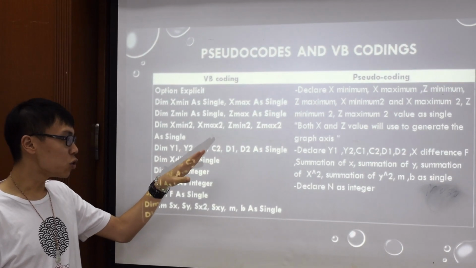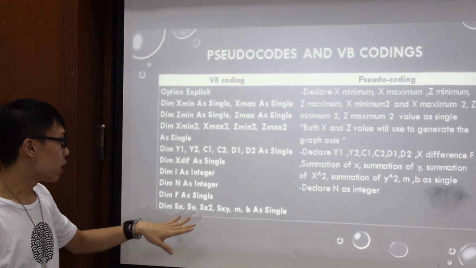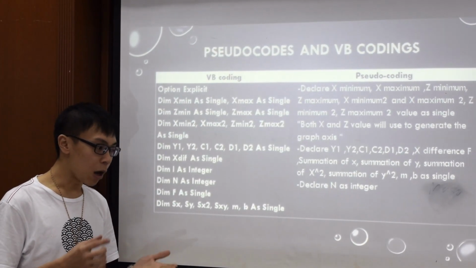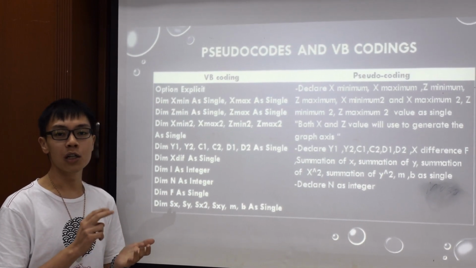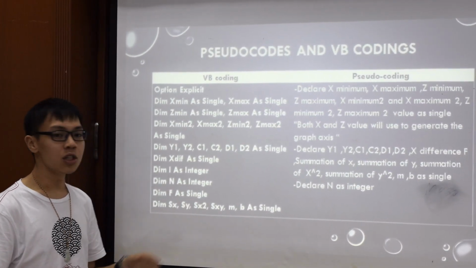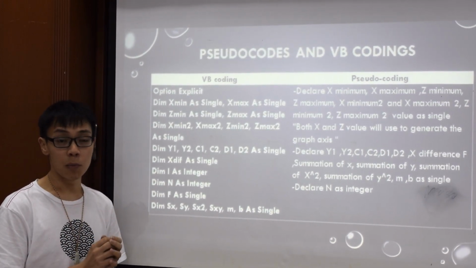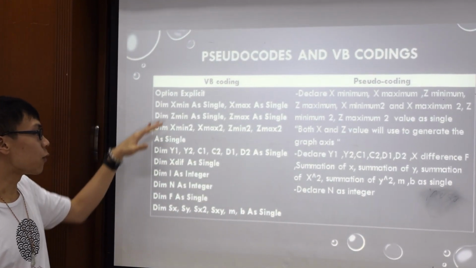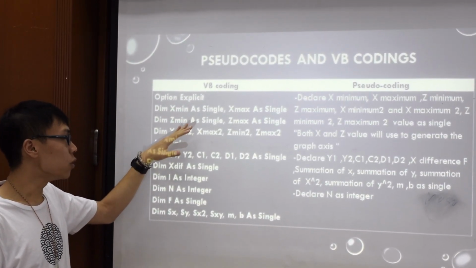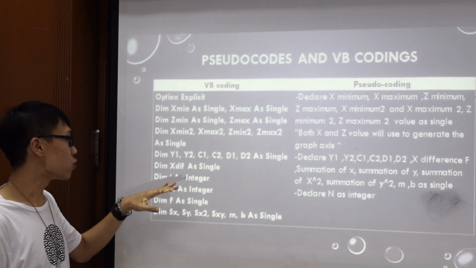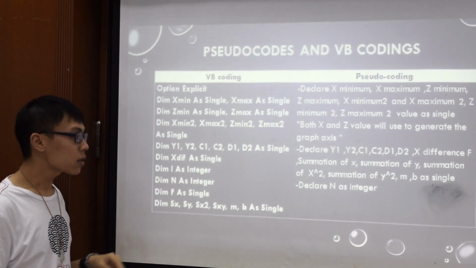Usually in this coding, we use Single and Integer as our output of interest, where Single will show only 2 decimal places, while Integer will never show decimal points. So this is the coding where we declare the output as Single and Integer, depending on the interest.